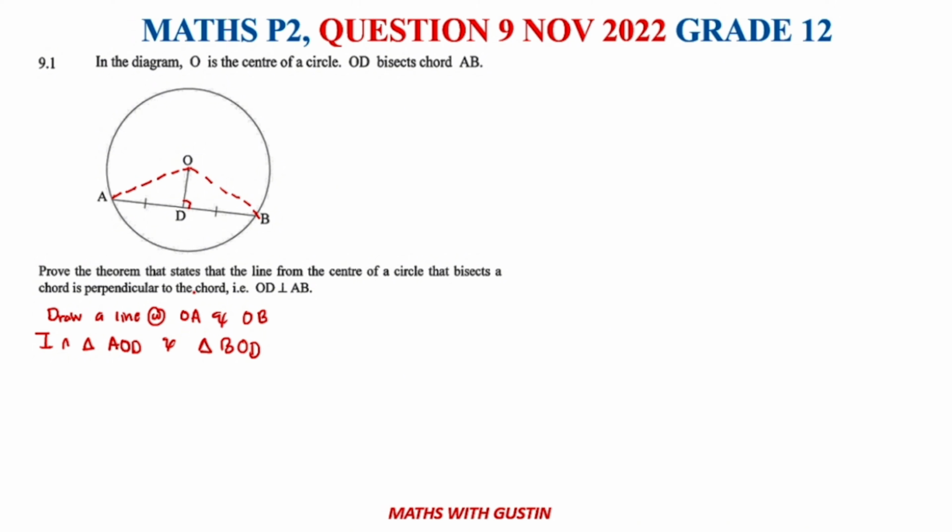So now we can say, the line that we have constructed, OA, is equal to OB. The reason for this is the radius. Remember, because the question says O is the center, the reason is the radius. And then we have OD, which is equal to OD, a common side between the two triangles.